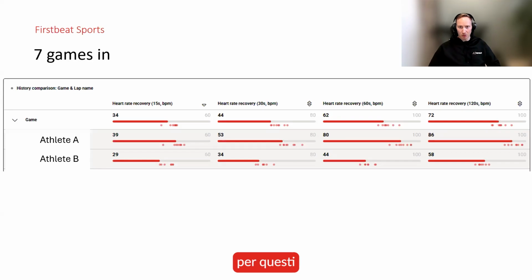You know these based on the dots underneath the chart. So 80 is the last value recorded in a game, and then the dots underneath the chart represent the history values for each athlete.